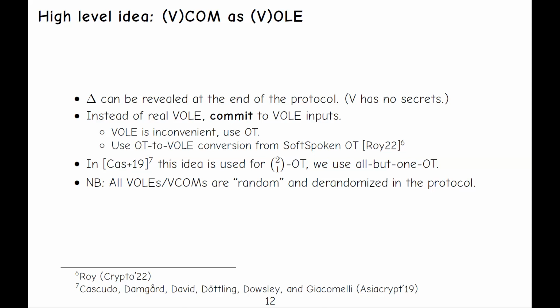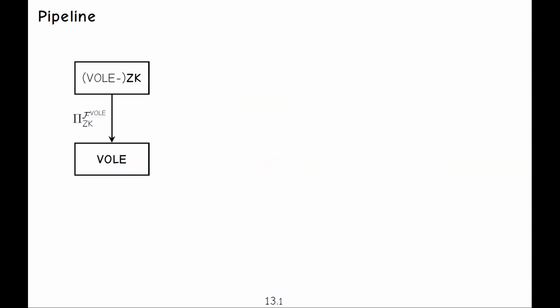And this idea, like for 1-out-of-2 OT, is not entirely new. So there's prior work which used this, but the context is different. We're trying to do VOLE in the head, and this was for VOLE-based secure protocols. And this gives a high-level overview of the whole pipeline of our approach.